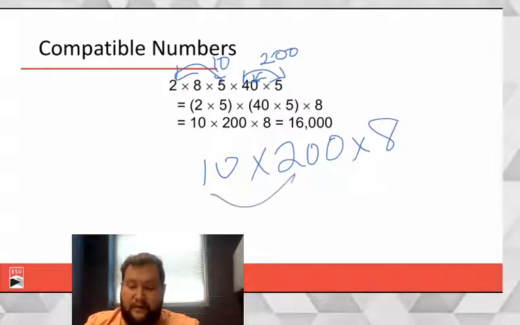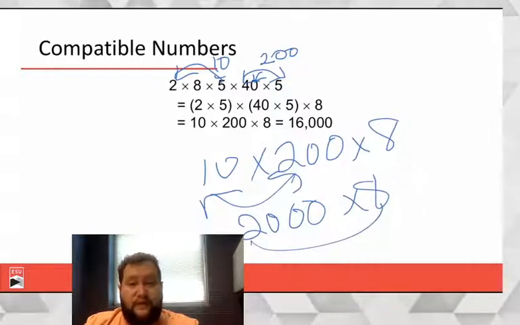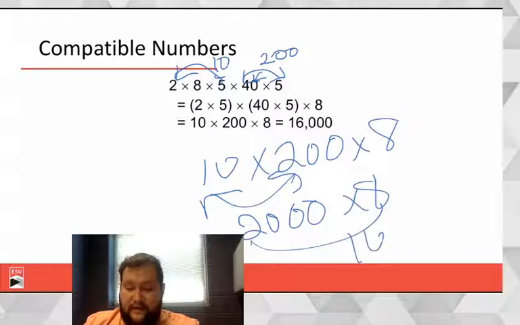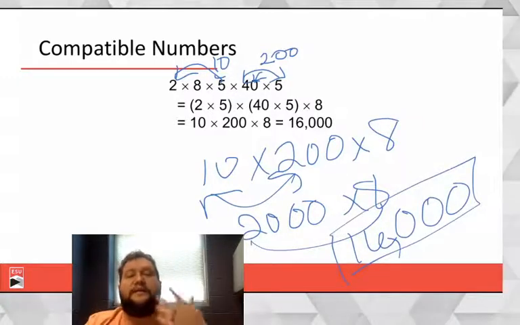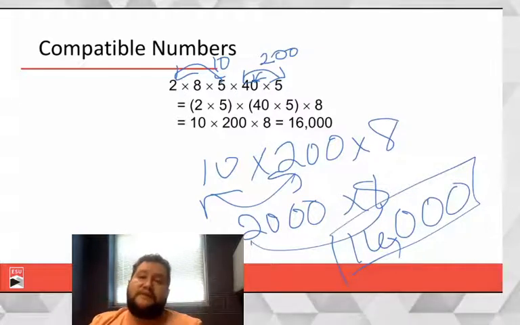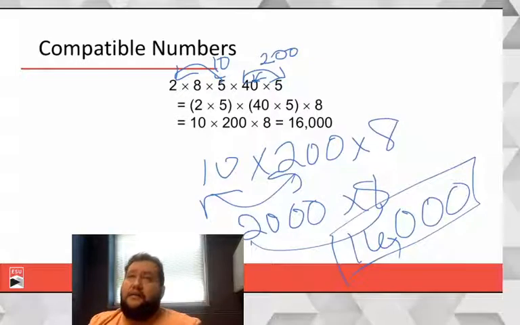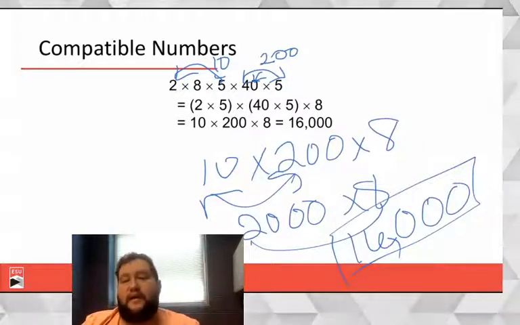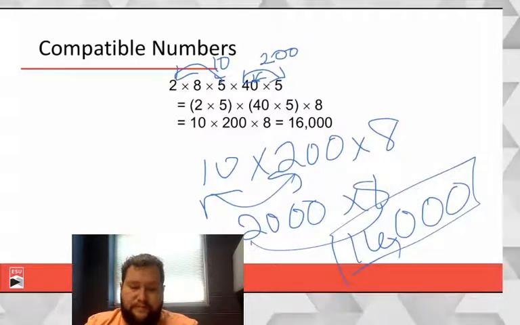Typically, you're going to stick with place value, 2,000 times 8. 8 times 2,000 is 16,000. And that's our answer. And so being intelligent in how we choose, and this is one of those things that comes up as we get more comfortable in terms of thinking about our tens facts and our doubles and our half tens and things like that, gives you a way to work through those.